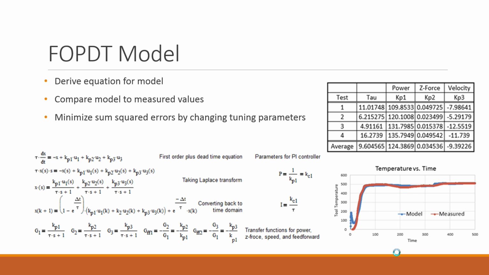Then we took that differential equation into the Laplace domain, as you can see in this step right here. And then from there we divided over tau s plus 1 after doing a little bit of algebraic manipulation. And then we inverse Laplaced it to get the final equation that we put into our Excel file.